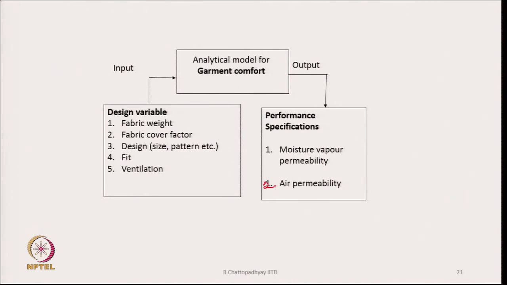So, if we have a model that relates some of these parameters with the moisture vapor permeability, then we keep changing the values in these input variables to find out what is the output. So, once we have a certain output target, then we can find out what combination of design variable values will give me an output which is going to satisfy the specified value.